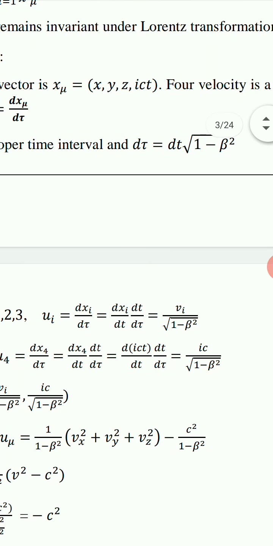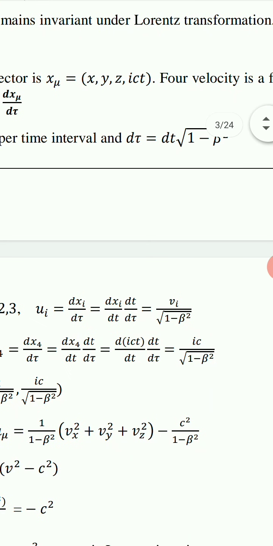Proper time interval d tau is the time interval in a frame with respect to which the body is at rest.